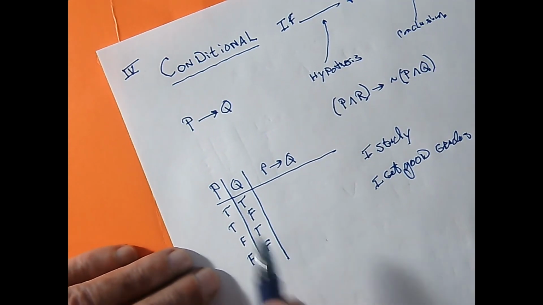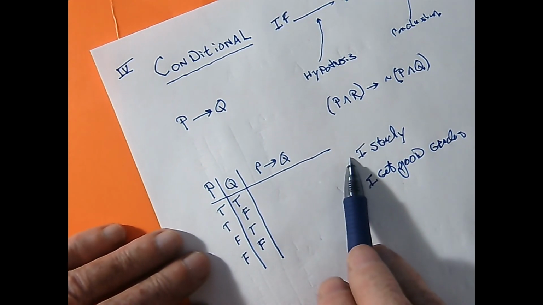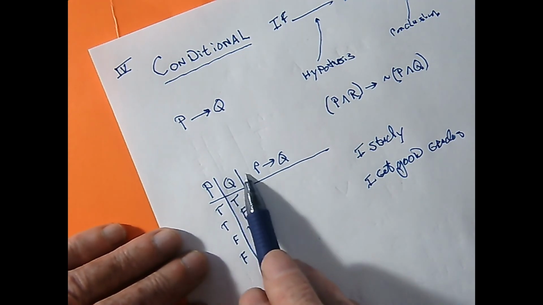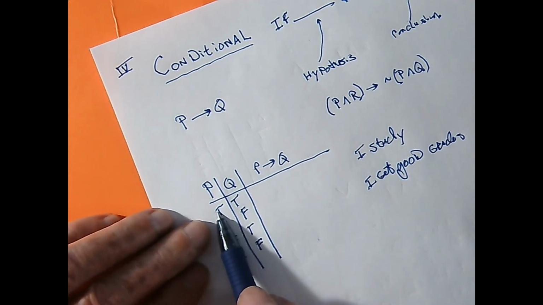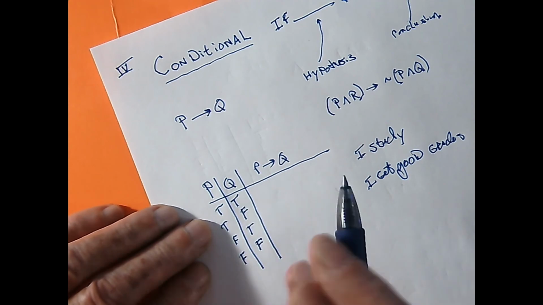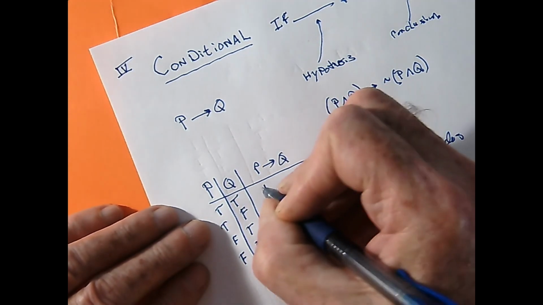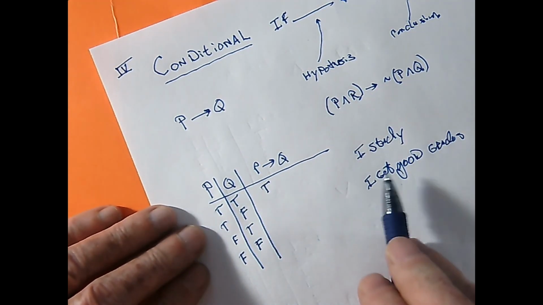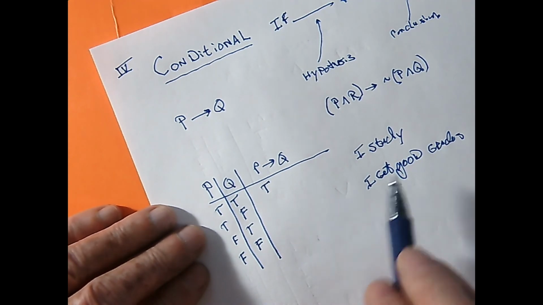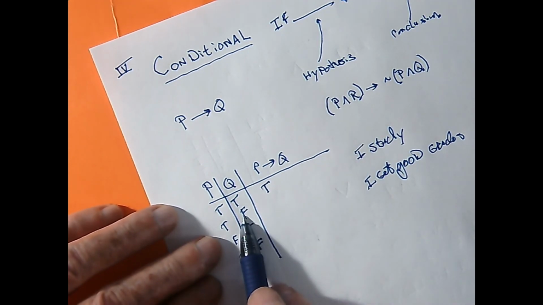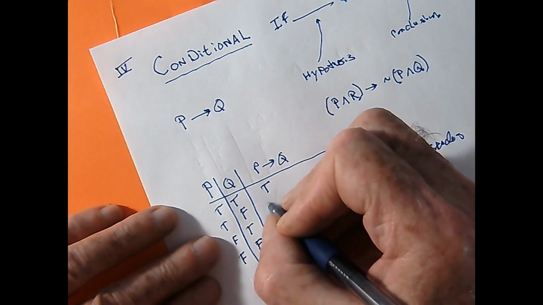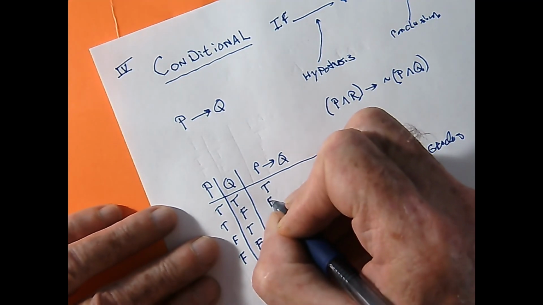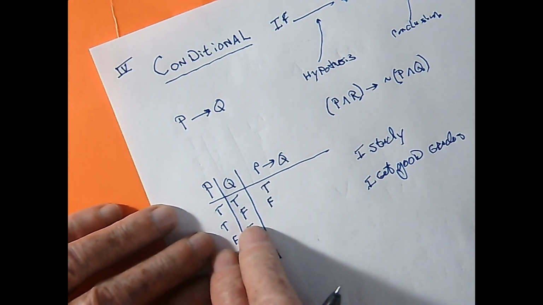And you see, in this first instance, the guy walks in the room and says, if I study, then I get good grades. And you see that he did study and he did get good grades. You say, well, he told the truth. That's a true statement. But what if the guy says, if I study, I'll get good grades? He did study, but he does not get good grades. Then you'd say that he told a lie, or that he was false. And that's a time when we would consider the conditional to be false.